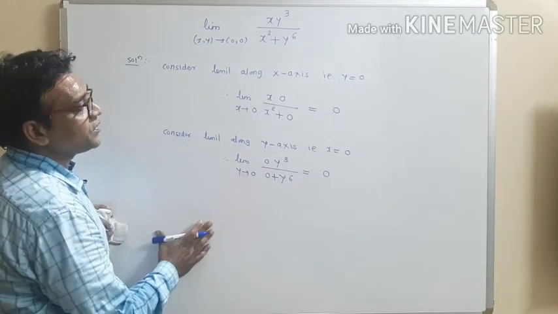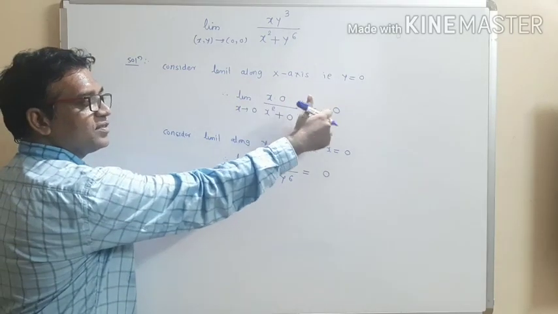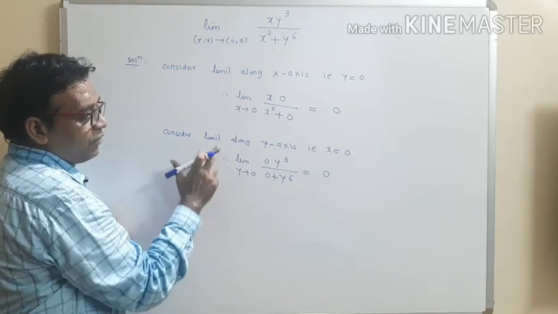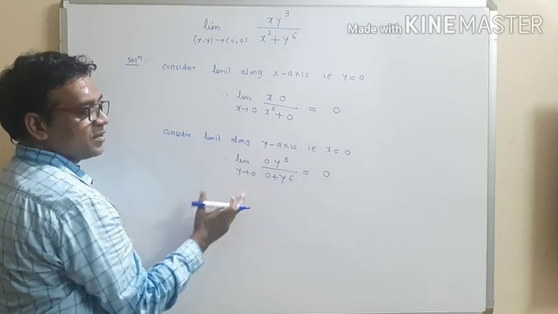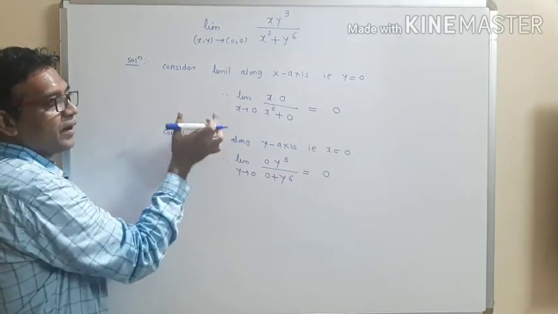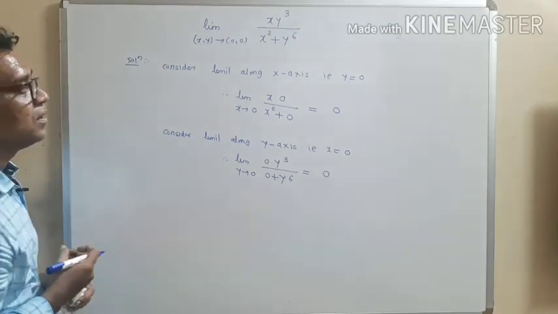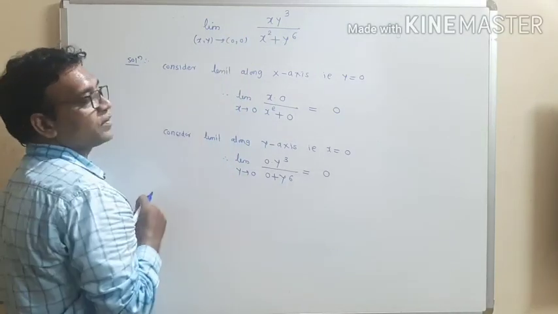So what is our observation? We have found out limit along x-axis, it is 0. We have found limit along y-axis, it is again 0. Now try to find out third root and get some different limit. So how to find out the third root? By finding the maximum power.